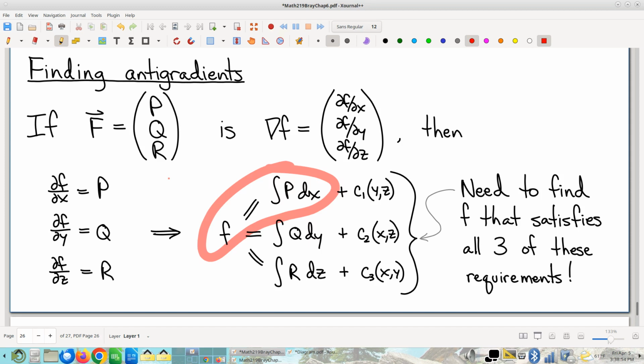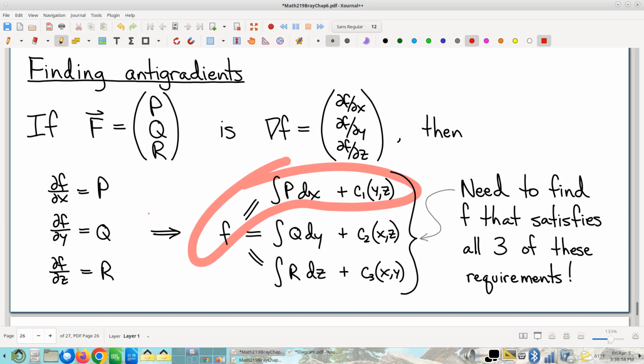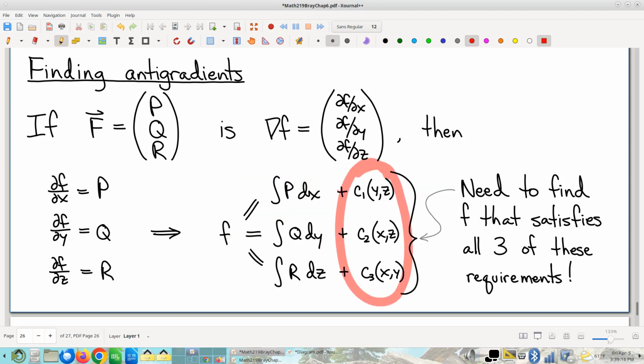In fact, f could be any of these x antipartials plus any function of only y and z with no x's in it, and that's still going to satisfy this equation right here. Okay, so just for your cultural awareness, these are sometimes called partial constants. Very natural language.